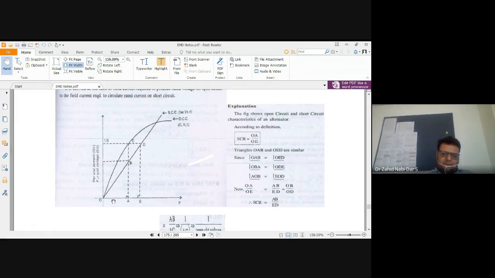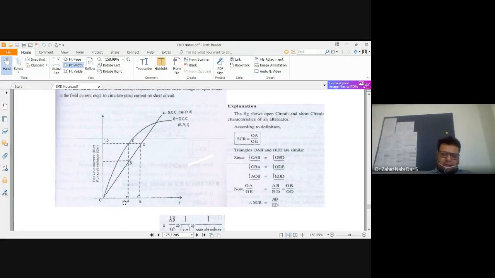This angle will not change with respect to A or E. From this you can write OA by OE, and OA by OE is equal to AB by ED, because the ratio of the sides is the same in similar triangles.